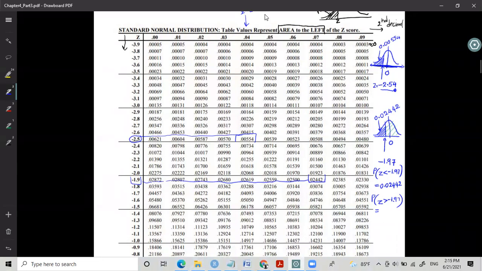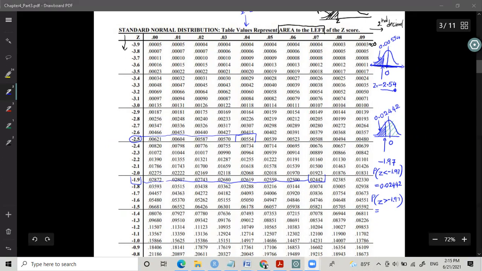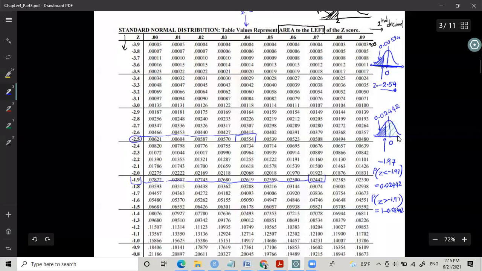Anybody who can find this probability? Remember that the total area under the curve is 1. That is the total probability. If you have left tail 0.02442, what will be the right tail? That will be, yes, 1 minus. Thanks for the answer. You have 1 minus 0.02442. So that is how you find any probability to the right of the Z score.